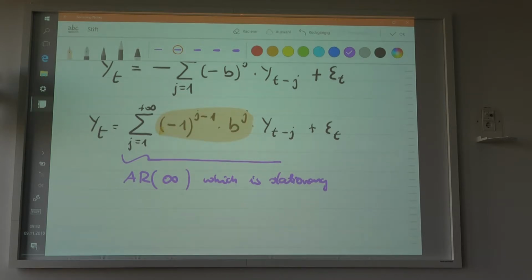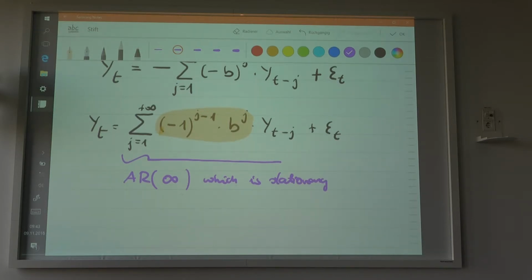So a first order moving average process is basically an autoregressive process of order infinity, which is stationary. This is maybe just a special case of that. Later you're going to see what the use of that is, but this is just a property.